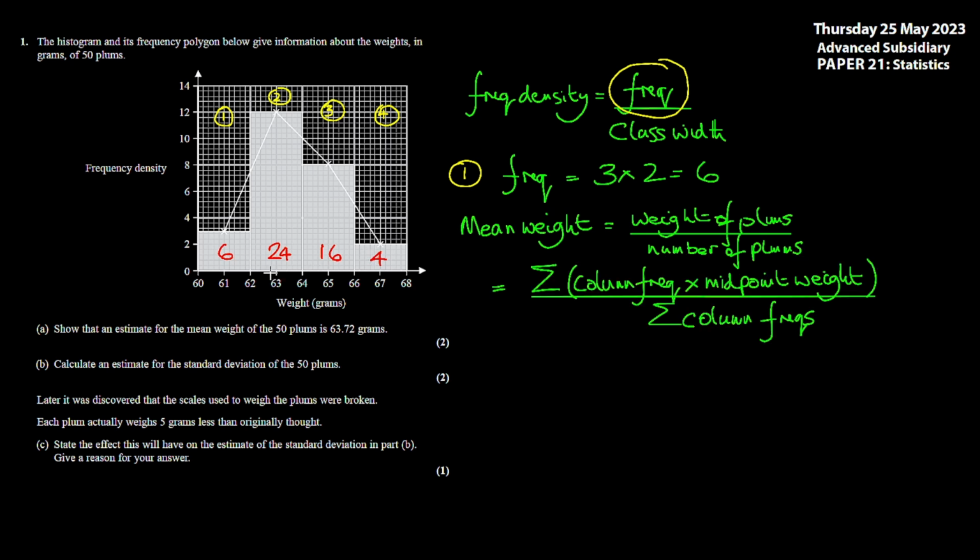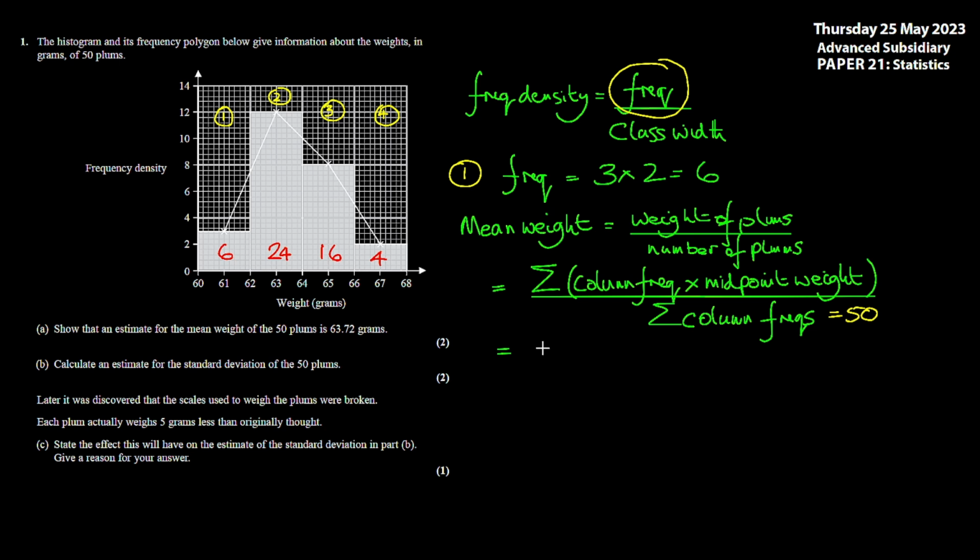But because we can't get at individual plum weights, we treat each column separately by taking the number in each column, multiplying it by the midpoint weight, summing them all up, and then dividing by the total, which is the sum of all the column frequencies, which we know to be 50.